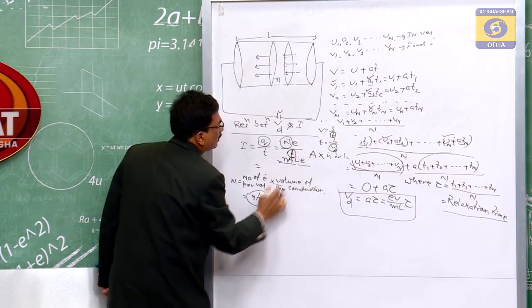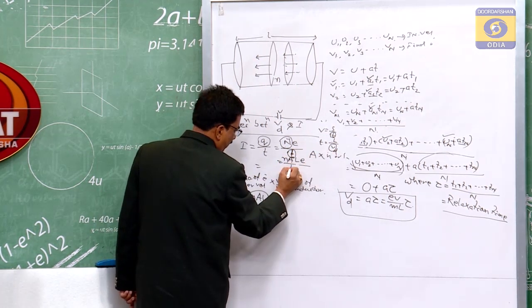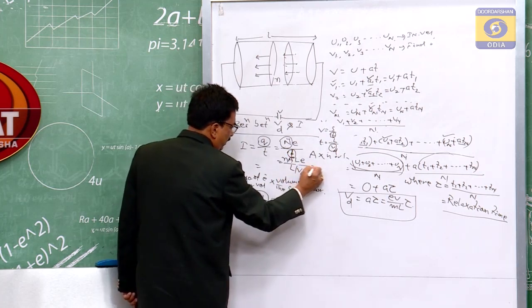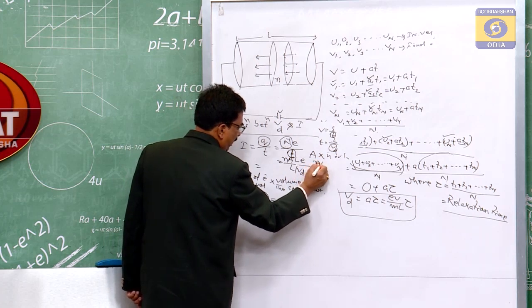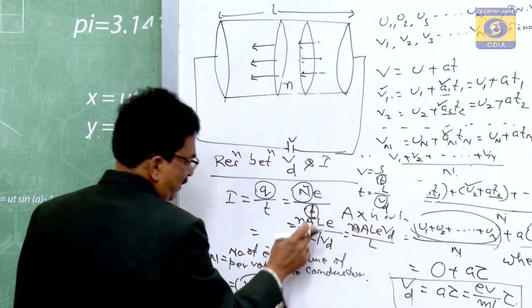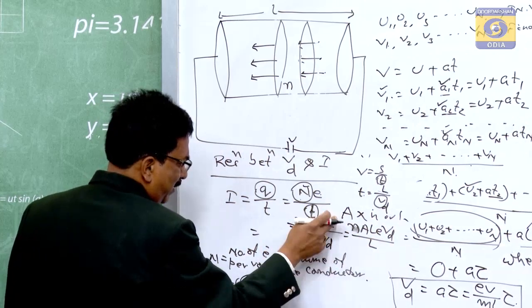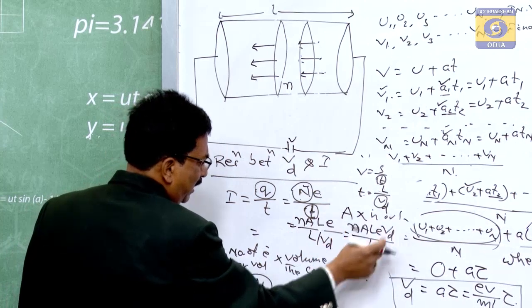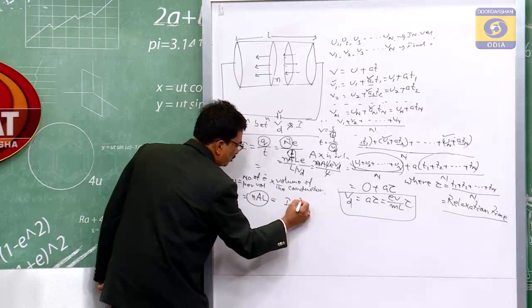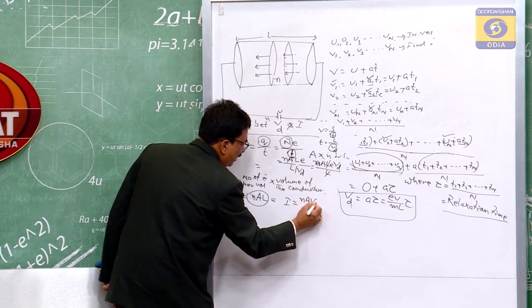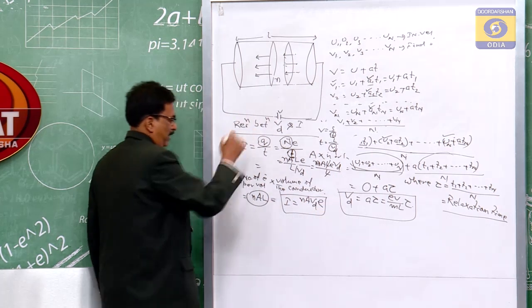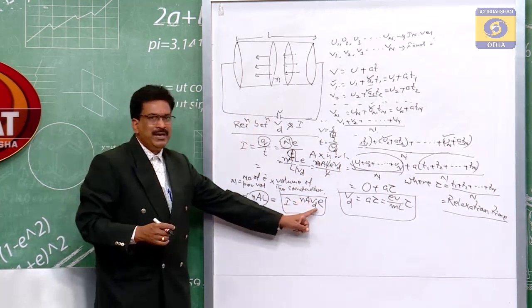So I is equal to n A L e Vd by L. You see n A L e, this Vd will go up, n A L e Vd by L. Now L and L cancel, therefore I is equal to n A Vd e.